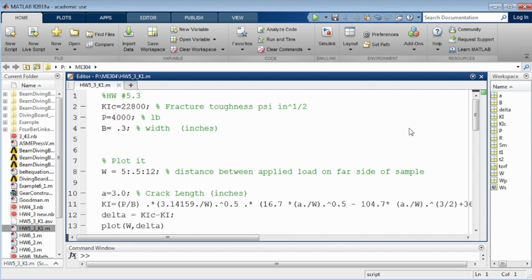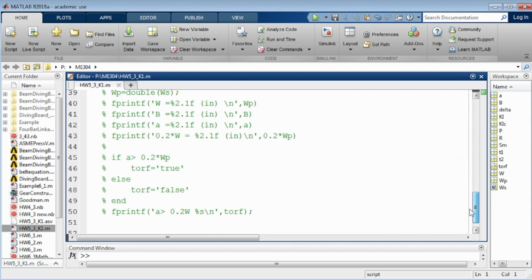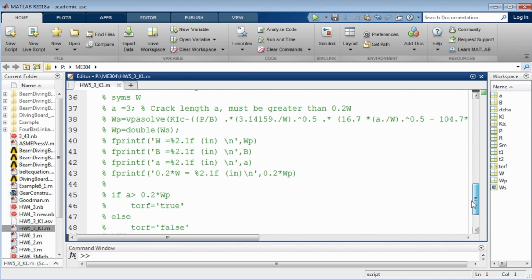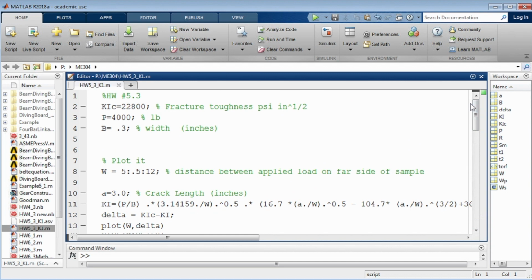The second way, I just picked specific dimensions and then solved for W. So we'll go through the first one, the first technique. So KIC is defined as the value that was given in the problem, 22,800, and the load was 4,000, which is right there. Now the width, we could let it be anything.